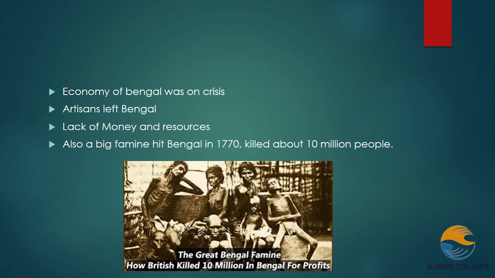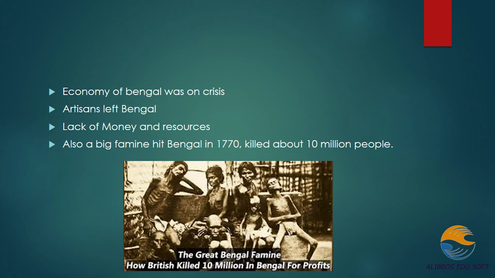Artisans travelled from one place to another for improving their livelihood. Lack of money and resources was the basic problem at that time. Also, a big famine hit Bengal in 1770, which killed almost 10 million people. And all these hit the economy of Bengal to a large extent.